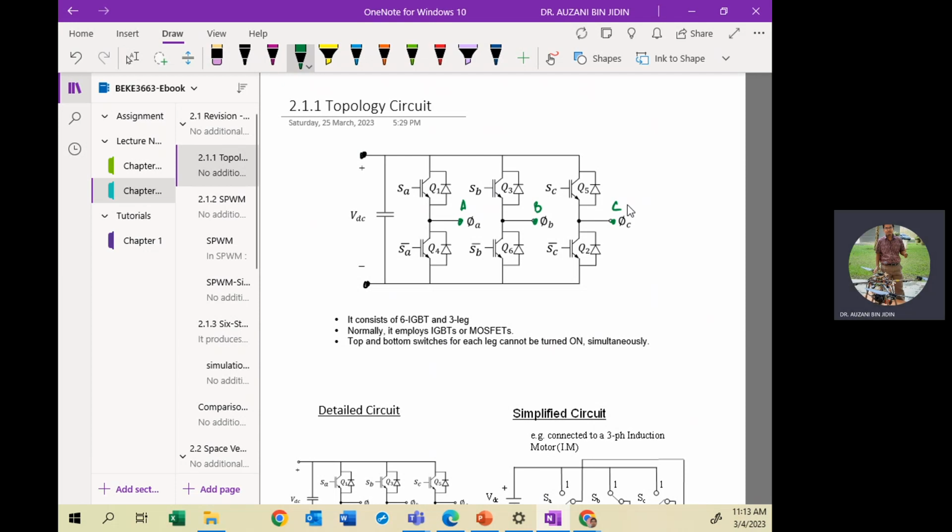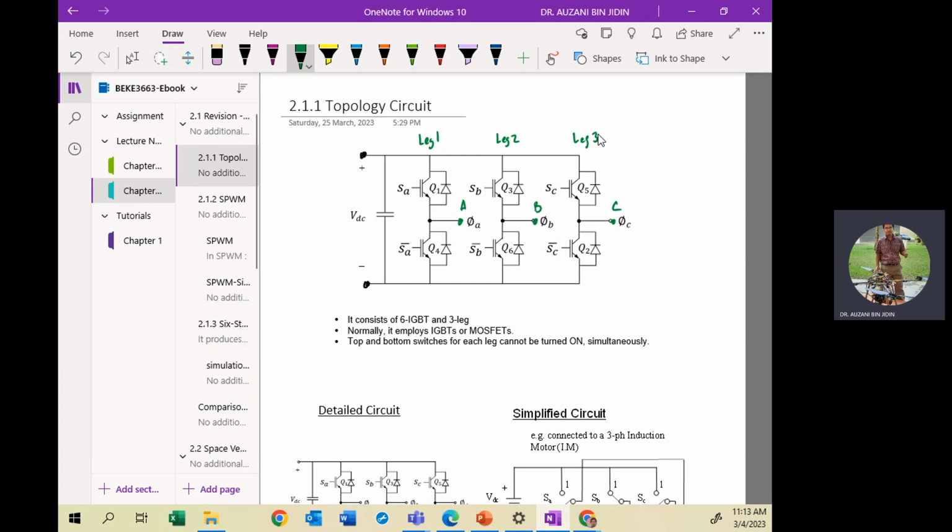So this inverter also consists of 3 legs. You can notice here there are leg number 1, leg number 2, leg number 3, where each leg consists of 2 switches, top and bottom switch. The top and bottom switches in any leg cannot be turned on at the same time. Clear? That is the restriction of the inverter.